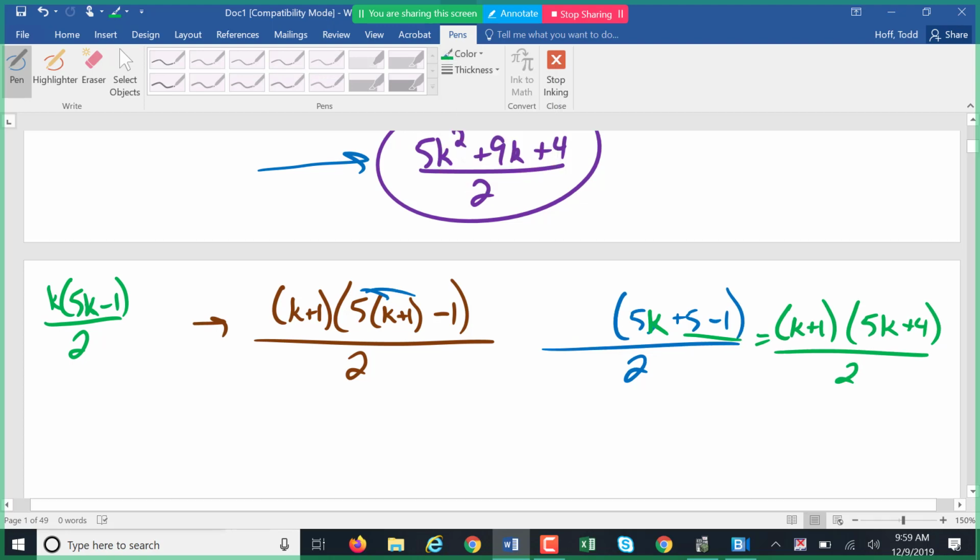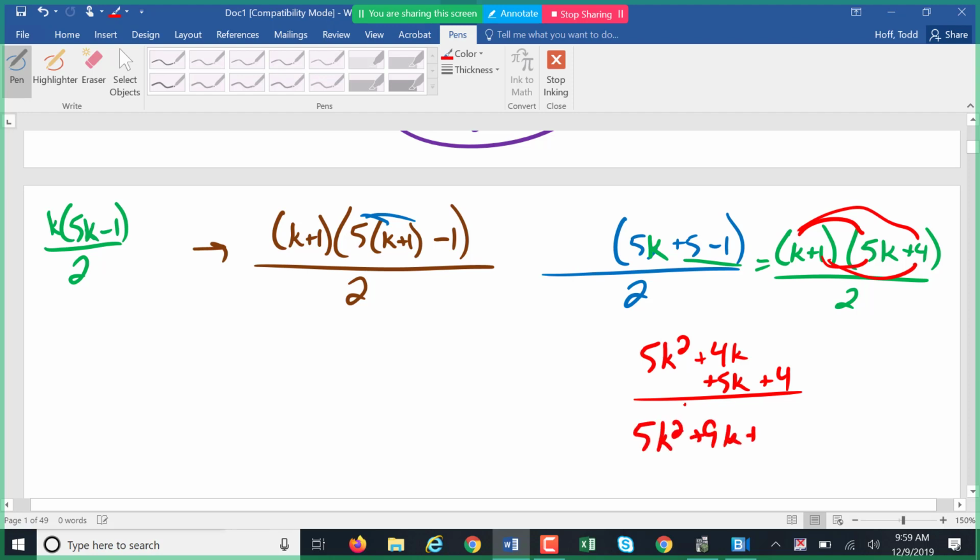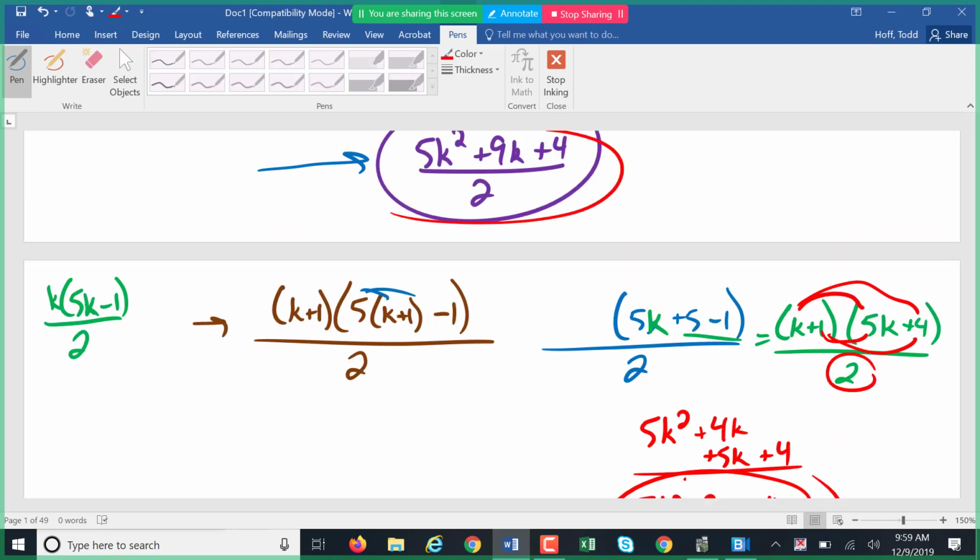If we do our FOIL here, k times 5k is 5k squared. K times 4 is a positive 4k. 1 times 5k is 5k. And 1 times 4 is 4. That adds up to 5k squared plus 9k plus 4, and it's still all over 2. Notice that is the same as what we had up here.